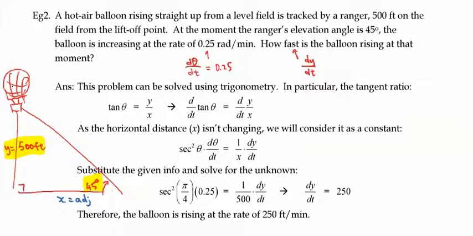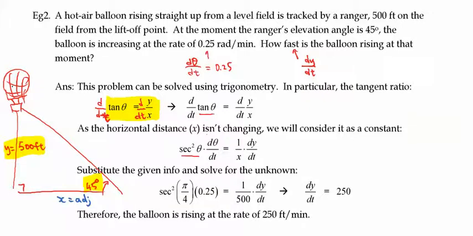So using the tangent ratio, tan theta equals opposite over adjacent, we can then differentiate both sides of the equation with respect to time. And as I differentiate tangent theta, it gives us secant squared theta.